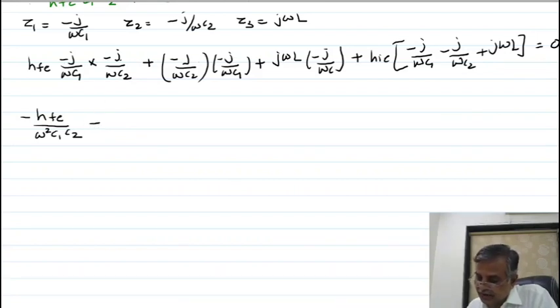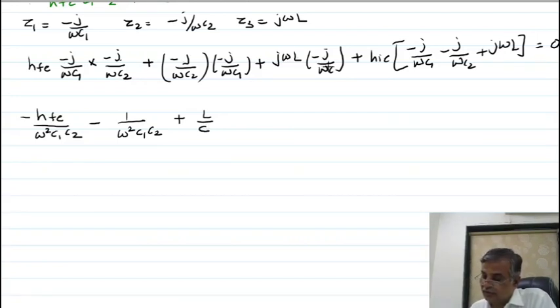So it is minus 1 upon omega squared C1 C2, plus j into j squared, it is plus L upon C. You can see omega is cancelled.